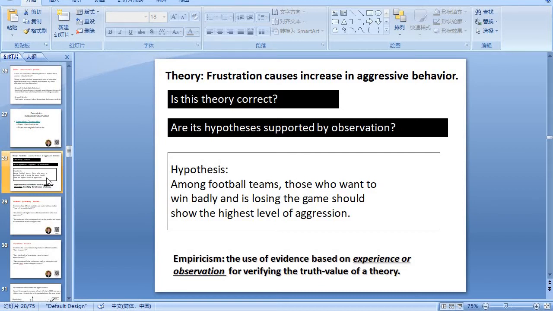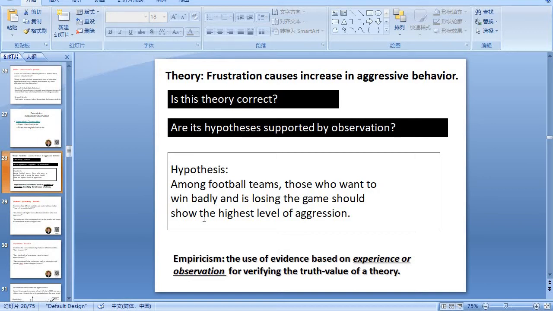I can do a naturalistic observation. For example, I can make observations on football teams, and particularly those teams that really want to win really badly, but they are losing.